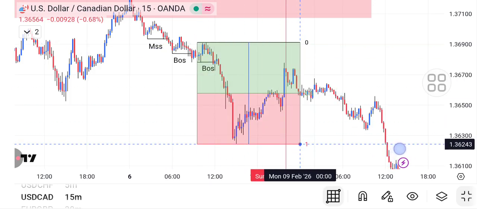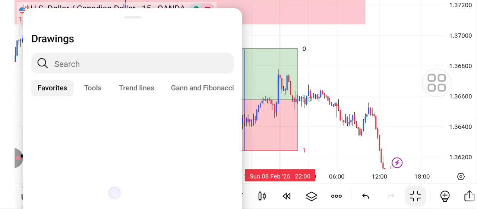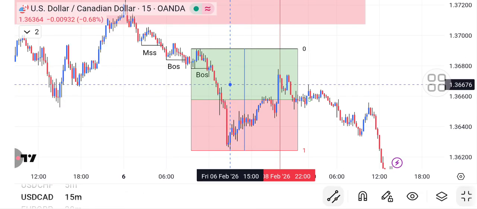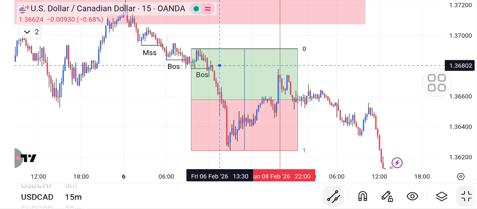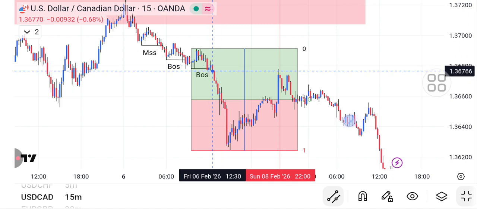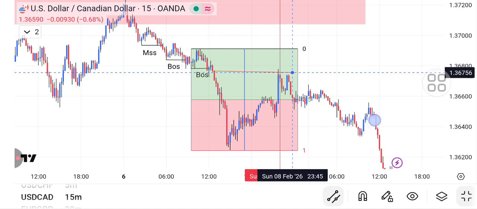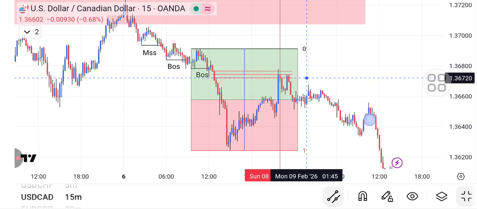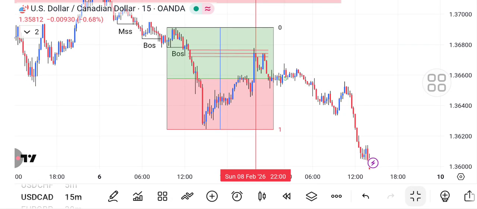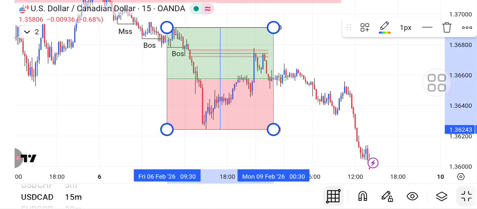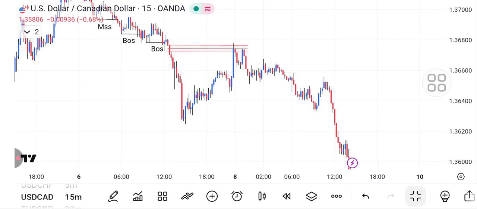Then I was waiting for price to give me a POI. So I went right here, found I had the FVG. I had this FVG, and price reacted from this FVG. By the moment market opened, yes, price reacted from that FVG. After reacting from that FVG, I knew that I was catching a continuation on the M15.